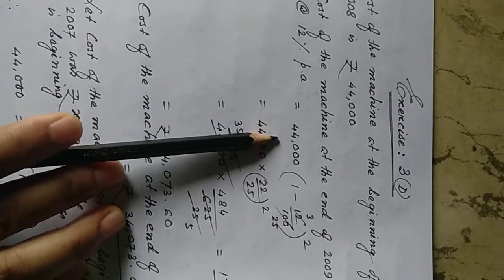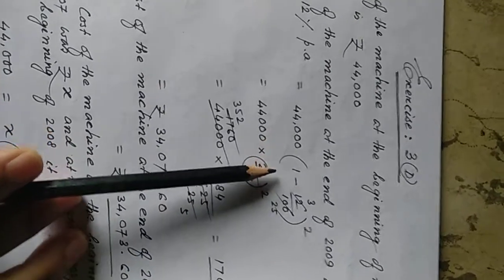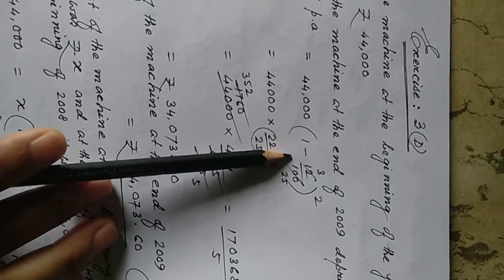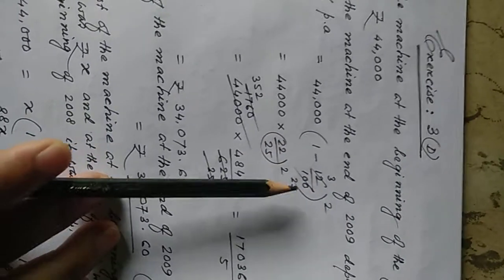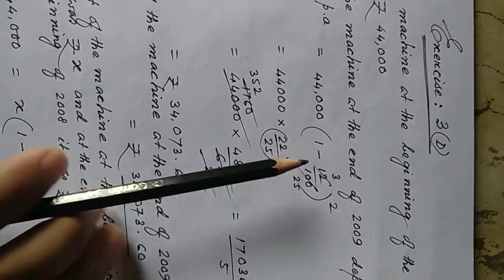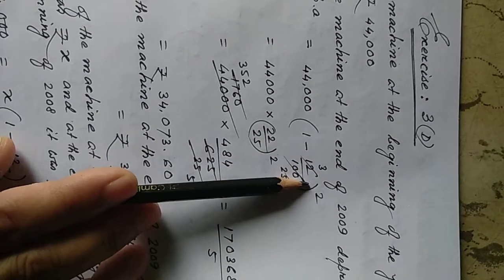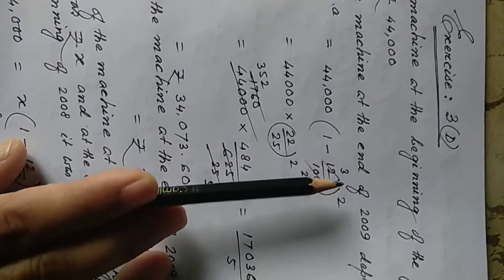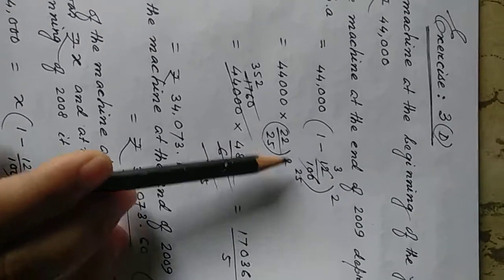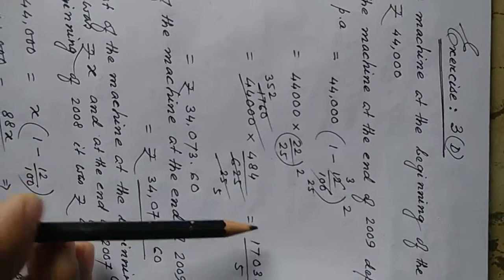I use the formula of amount only, but as the price is depreciating, instead of adding here I subtract this R by 100. So I write the formula 44,000 whole into 1 minus 12 by 100, and since 2 years so I take the power 2, and reducing it, it's coming 3 by 25, and then 44,000 into 22 by 25 whole cube.